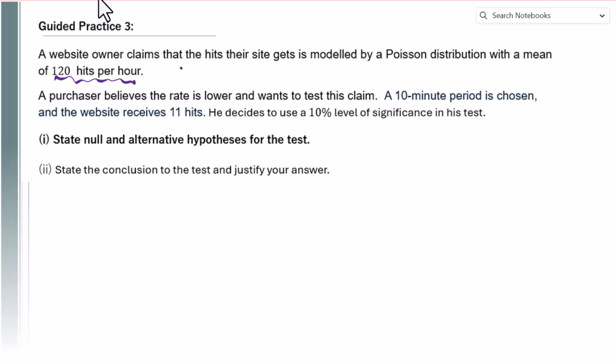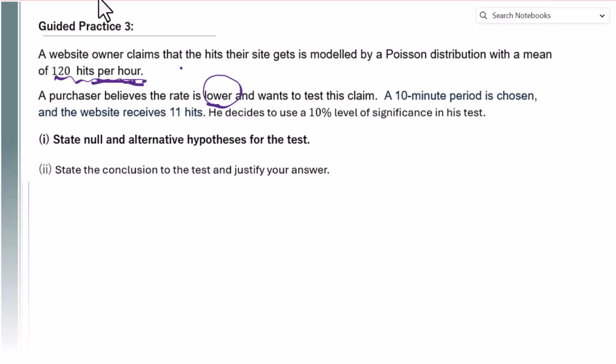Let's go to guided practice 3. A website owner claims that the hits their site gets is modeled by a Poisson distribution with a mean of 120 hits per hour. A purchaser believes that the rate is lower and wants to test this claim.